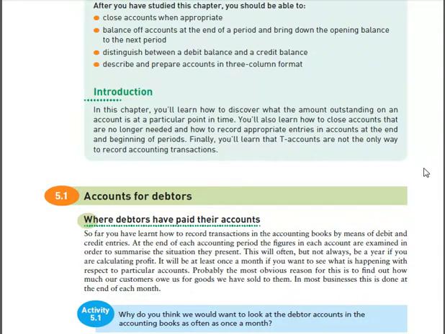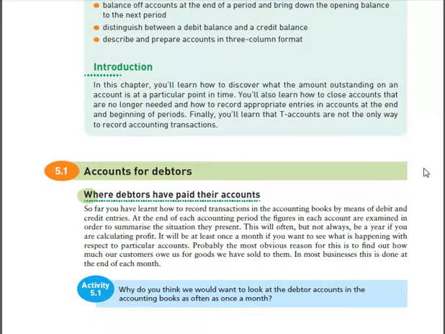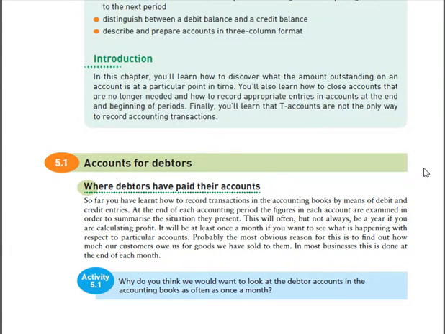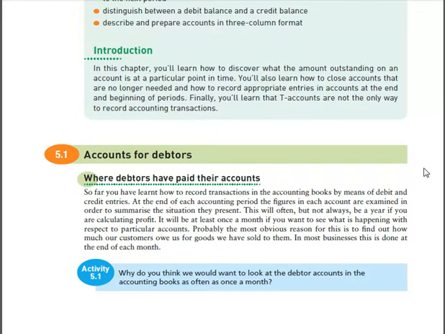Accounts which have debit balances are generally assets and expenses. In this example, we would take an account of a debtor, and we would do multiple transactions in that account, and then towards the end of the period, we will try to close it off or see whether there is a balance remaining.